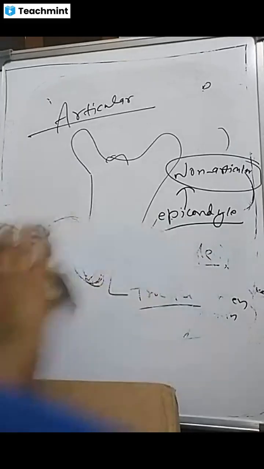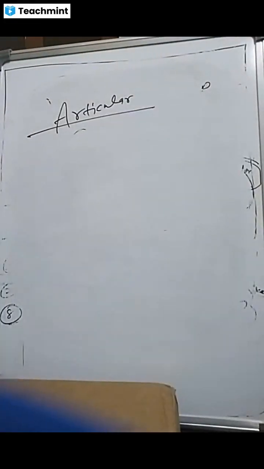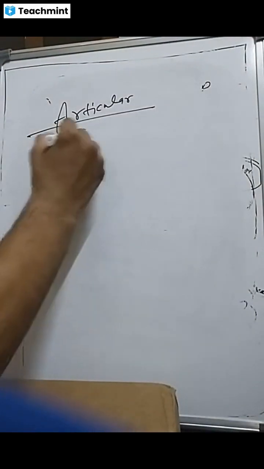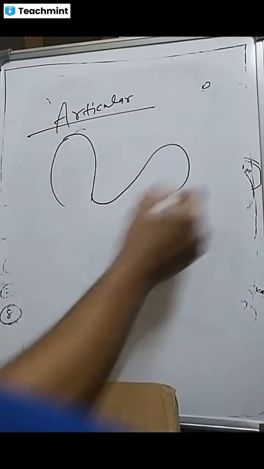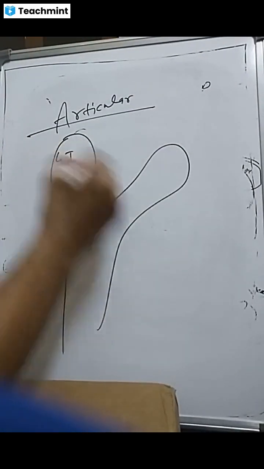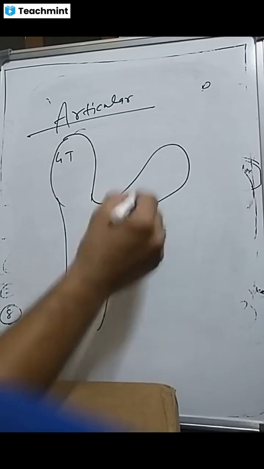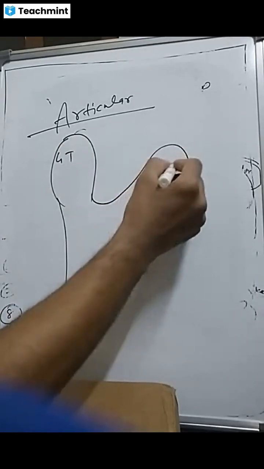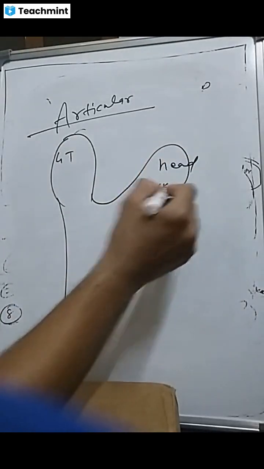One more significance of these basic terms I want to tell you. This is the greater trochanter. This is the lesser trochanter. Femur, neck of it.